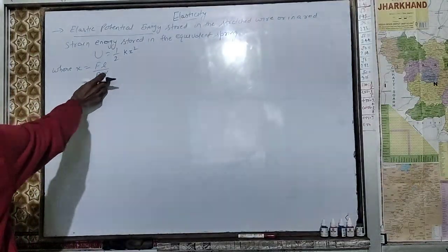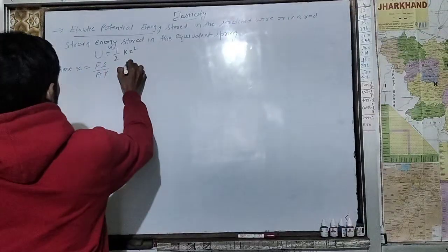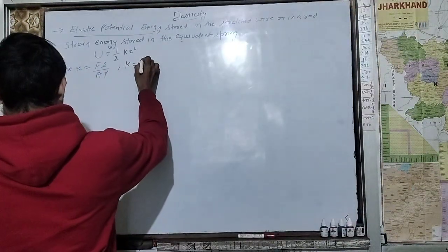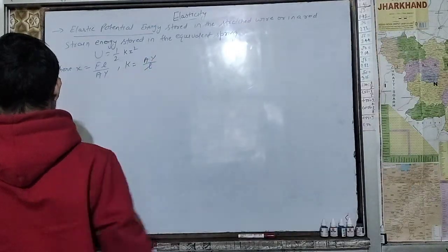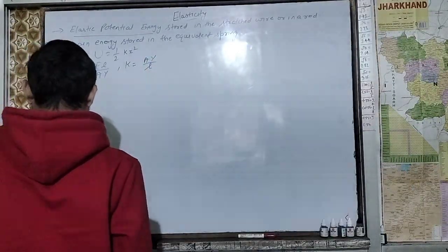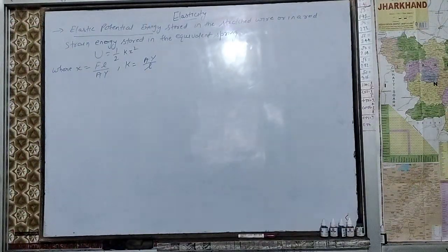Just substitute this value in this equation. Gradually you will get your equation for this topic. And the value of k is nothing but A Y upon L.